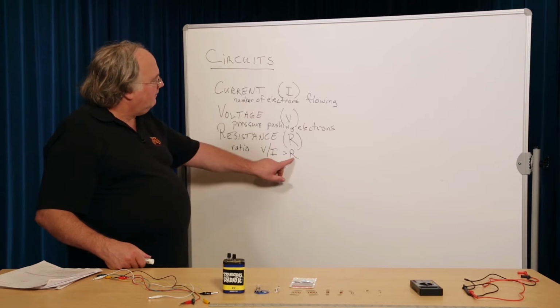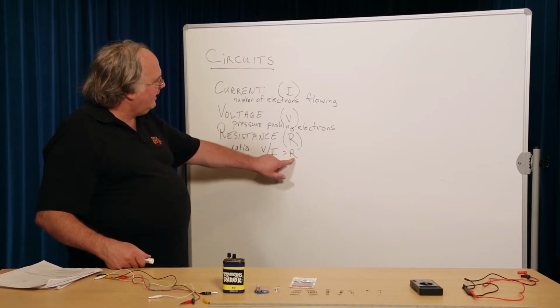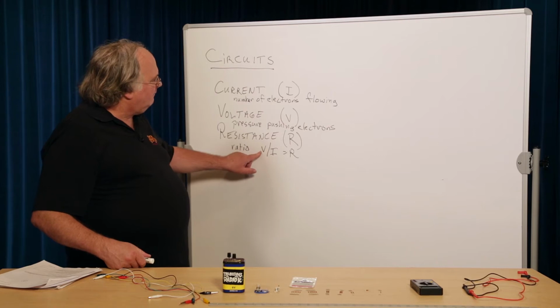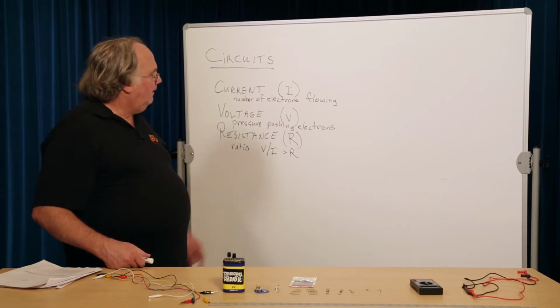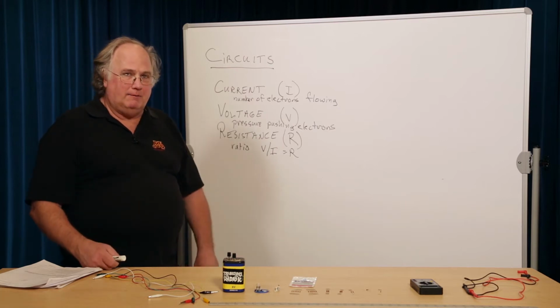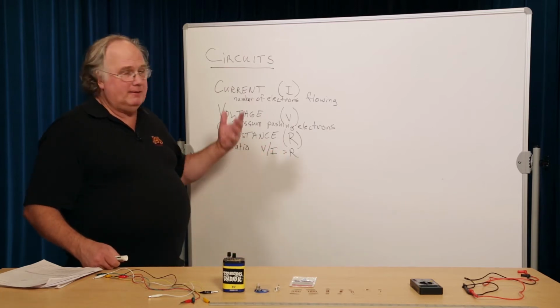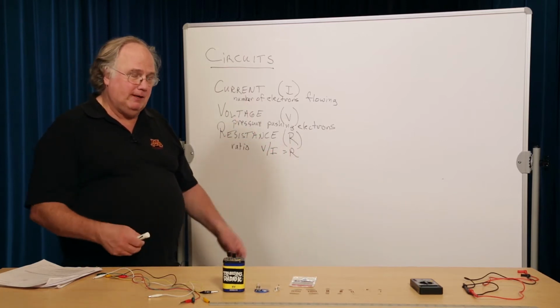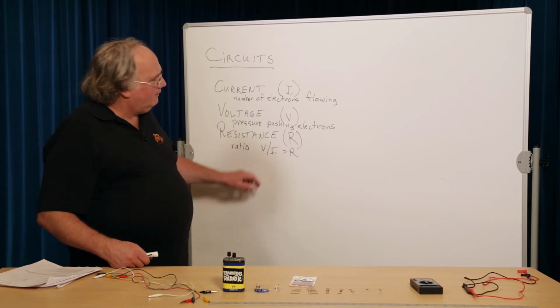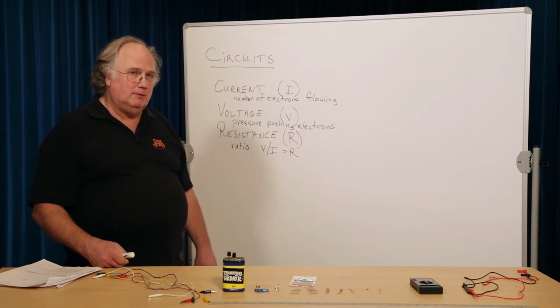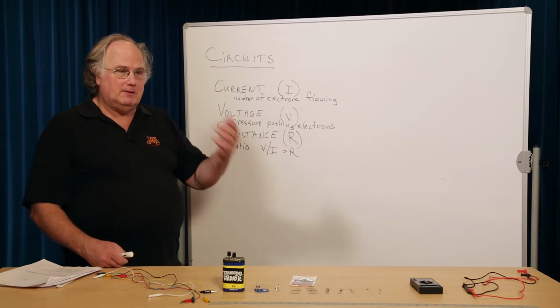And it says that if the resistance stays the same, then increasing the voltage is going to increase the current. If you have a different wire, it may have a different resistance. You get a different ratio. But usually you get kind of the same ratio of the two, and that is known as the resistance of the wire.